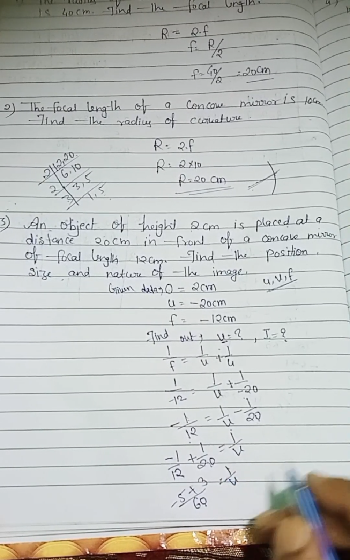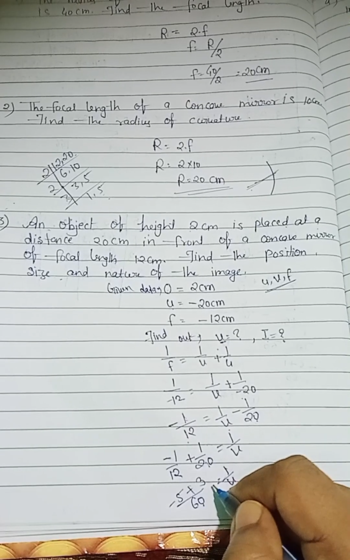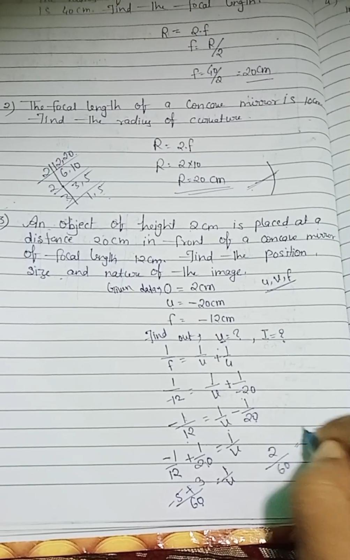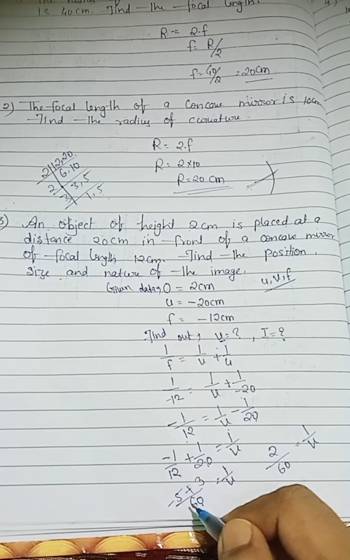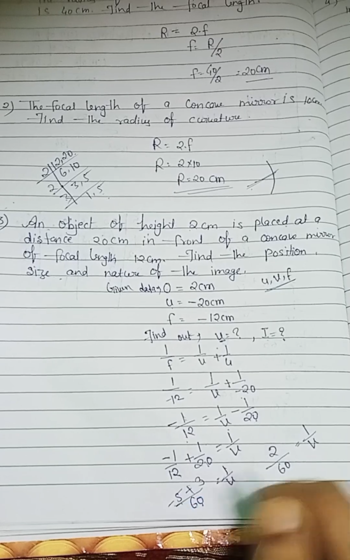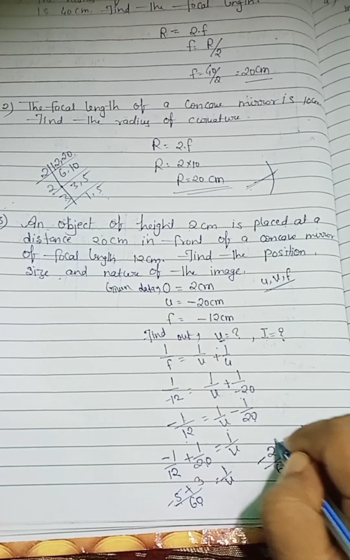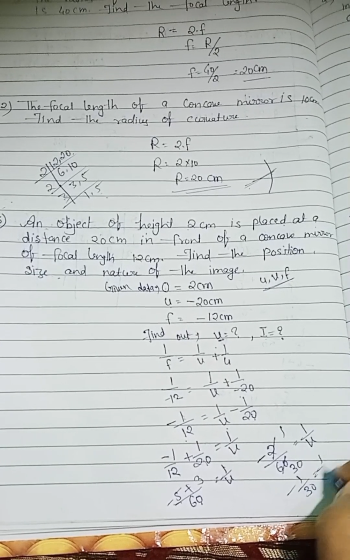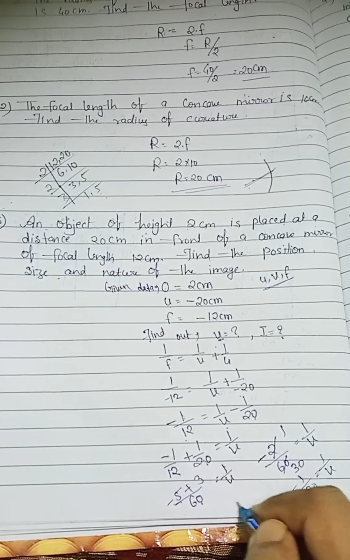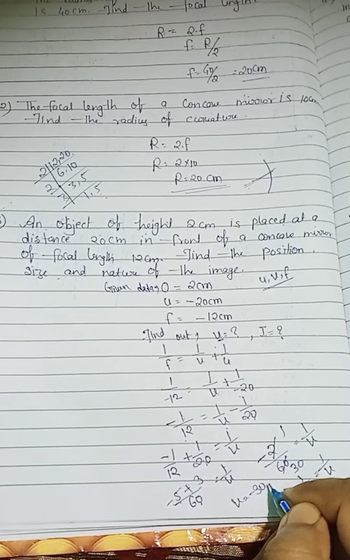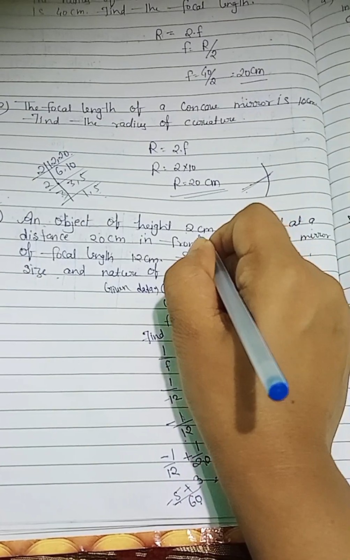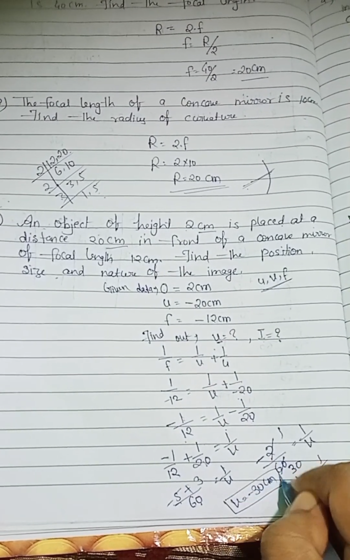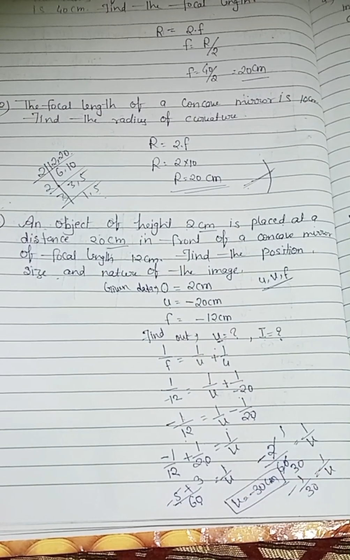Minus 5 plus 3 is minus 2. The sign is always that of the bigger number, 5, which is negative, so it is minus 2 by 60. Simplify it, so it is minus 1 by 30 is equal to 1 by v. So v is equal to minus 30, and the unit is centimeter. So v is equal to minus 30 centimeter.